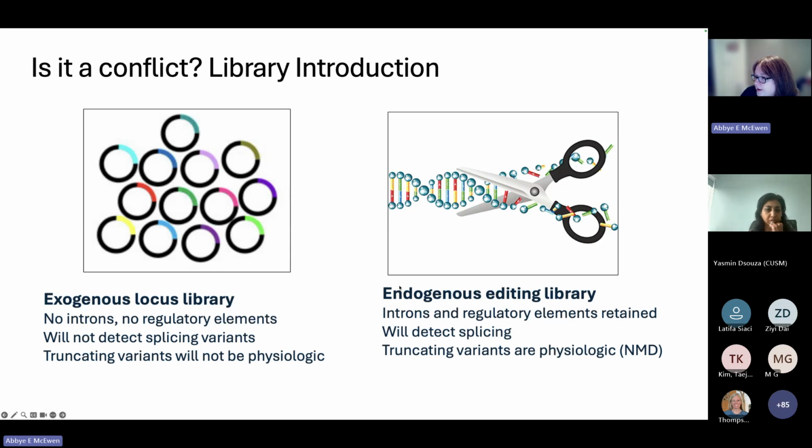In this case, you make basically a single nucleotide change at the variant's endogenous locus. So this retains all effects of splicing and nonsense-mediated decay. So if I have one assay that looks at endogenous gene editing and one that looks at libraries that are made of plasmids, I ask myself the question, does my variant in question affect splicing or not? If it affects splicing, I'm going to probably ignore this assay over here. And that pretty easily resolves that kind of conflict.